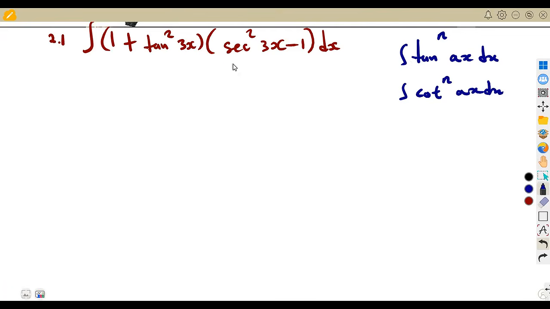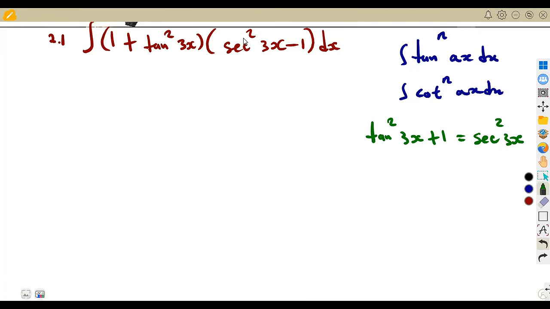Why am I saying this? They are hiding this because we understand the identity for tan. We understand that tan squared 3x plus 1 is equal to sec squared 3x. This is what we know, okay? So whenever we see 1 plus tan squared 3x, we get sec squared 3x.